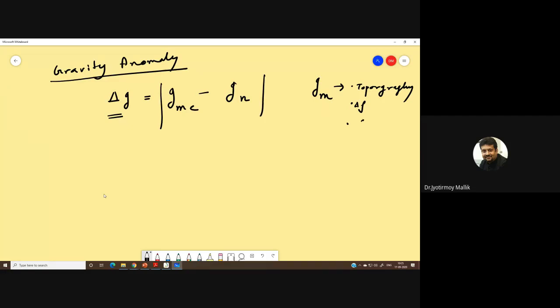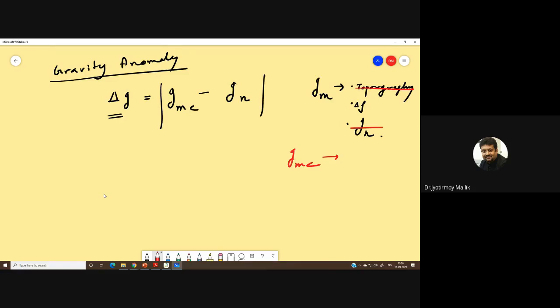And of course it considers Gn, right? So by the corrections, in GMC, the corrected measured, we get rid of this topography, right? And then when we subtract the Gn from it, we get rid of the Gn as well, when we calculate gravity anomaly.